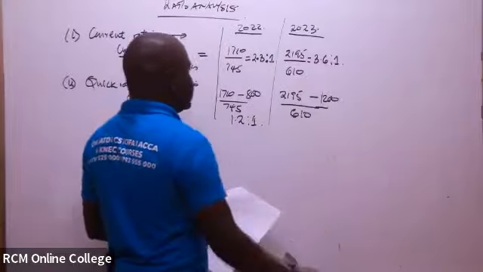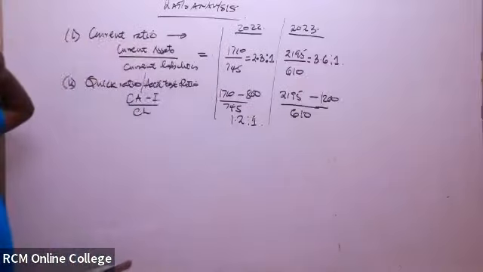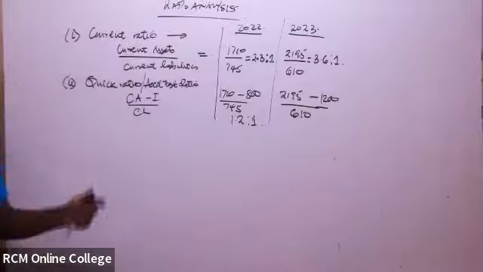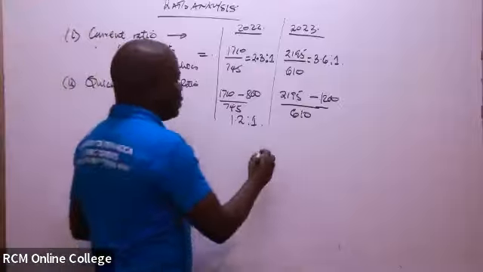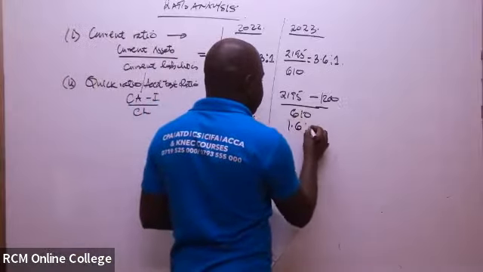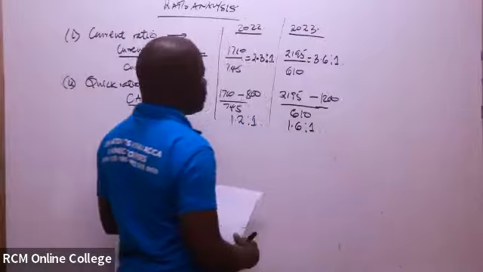What about this one? It will also be 1 point something, 2195 minus 1200, around 1.5. So 1.6 is to 1.